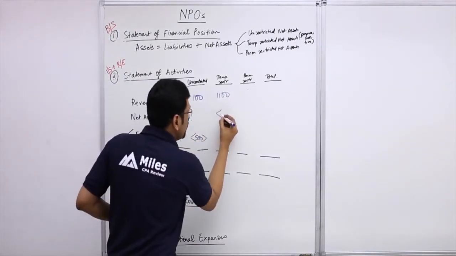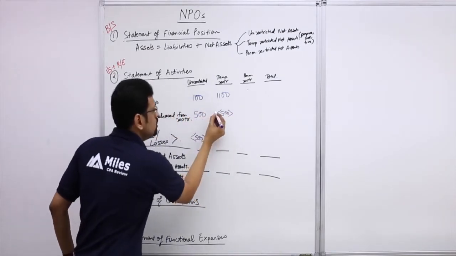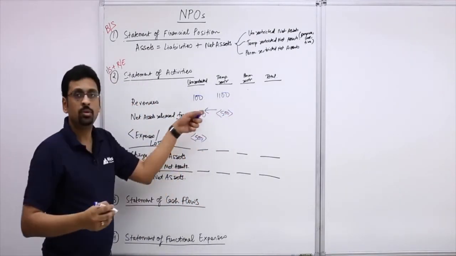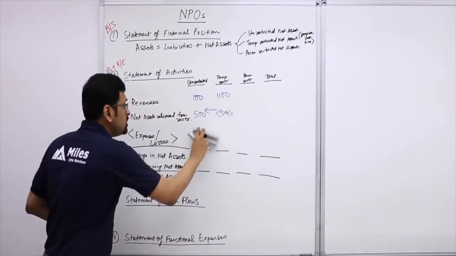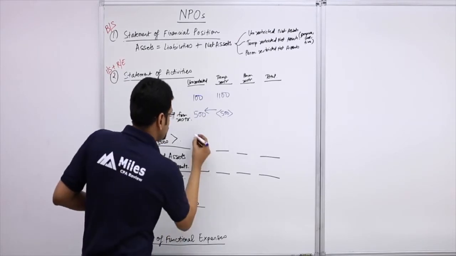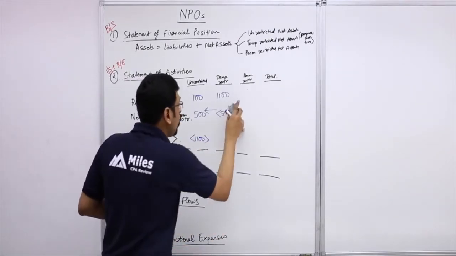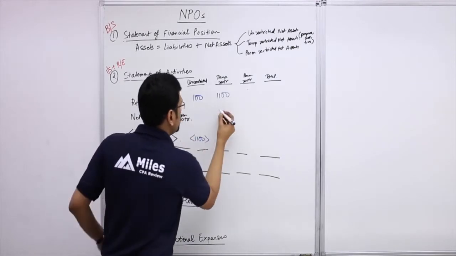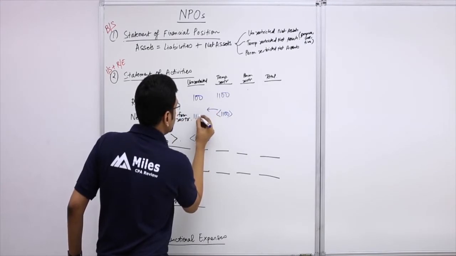You're going to reduce $500 here and increase $500 here. So this moves from here to here. Let's say all the $1,100 was spent on cancer research, then you would have released all the $1,100 from here and they would have moved to here.